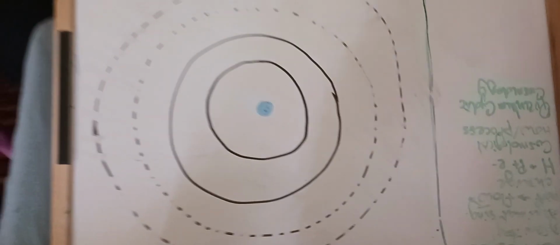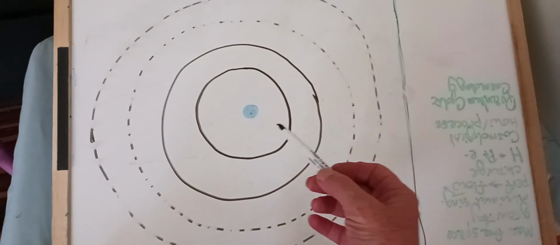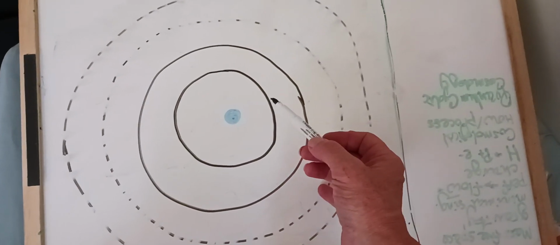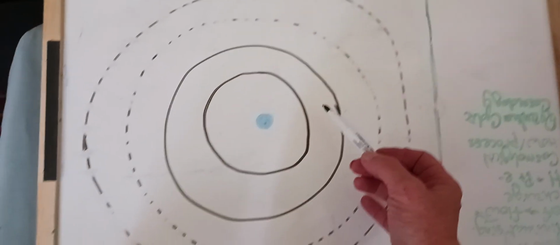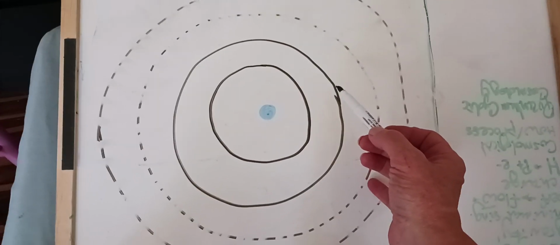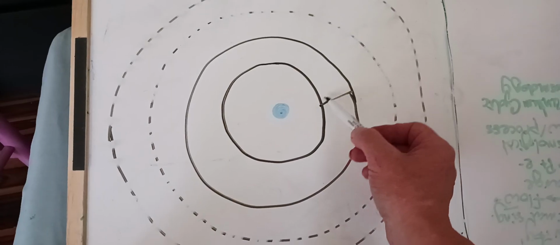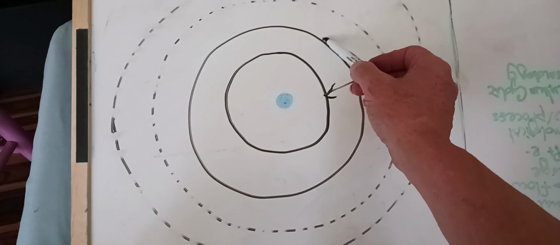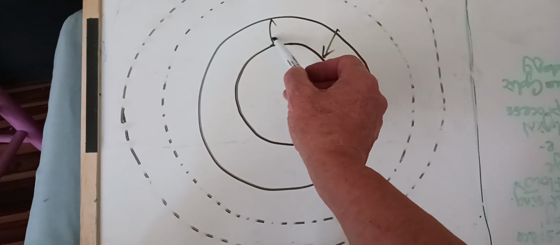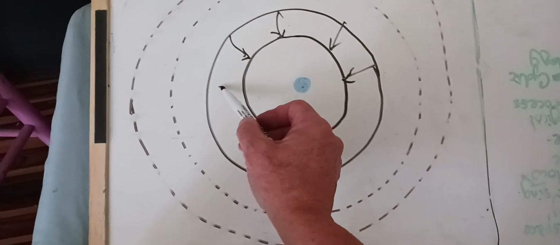So here we have, let's pretend this is an atom, right? There's a proton, there's a first orbital, there's a second orbital. We're going to pretend like the electron's in the second orbital, and then drops down to this orbital.